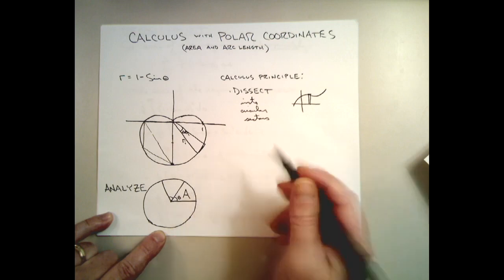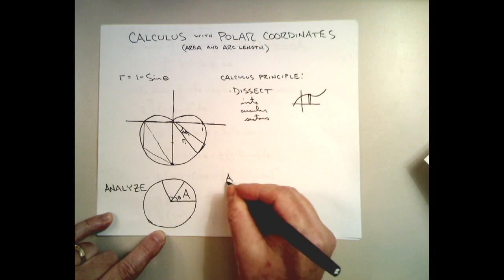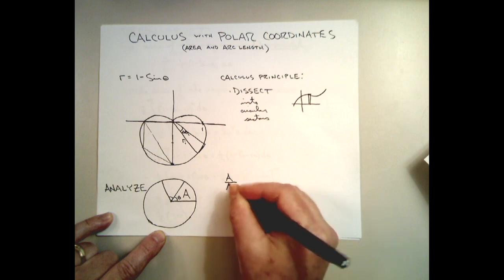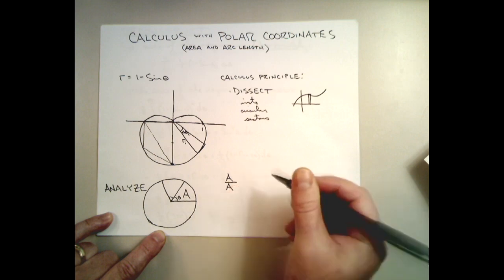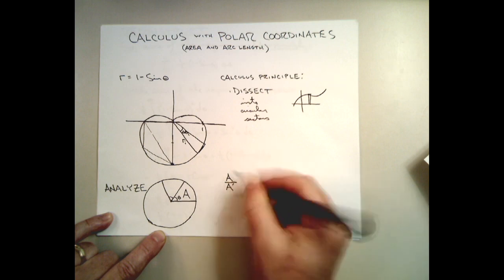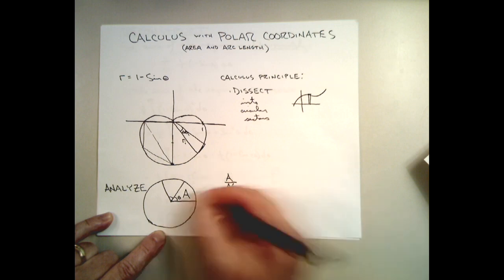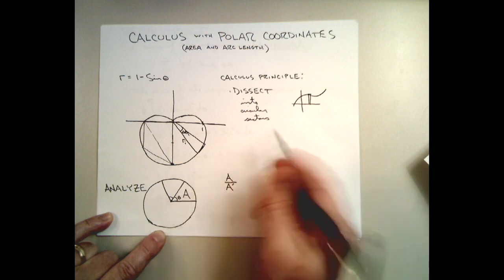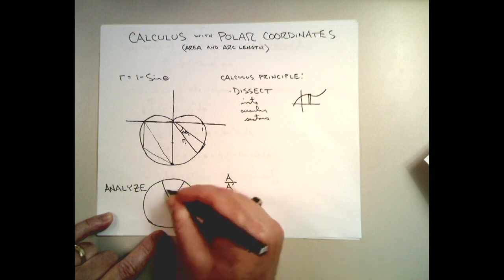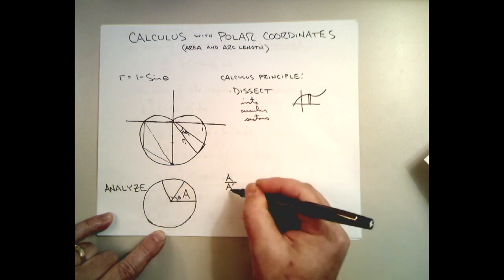So one way of saying that is if I take the area and divide it by the area of another sector given by another angle, here my A is my original sector, if my A prime were the area of this larger sector, then A over A prime would have been 1/2.